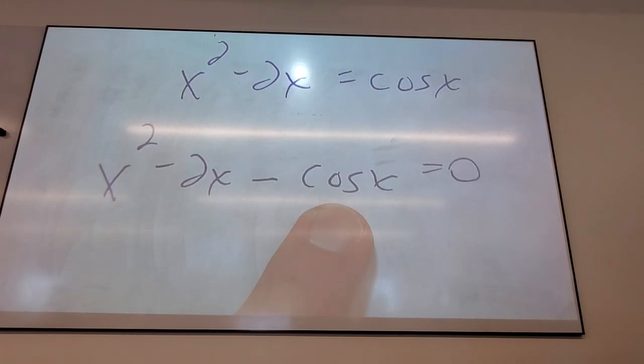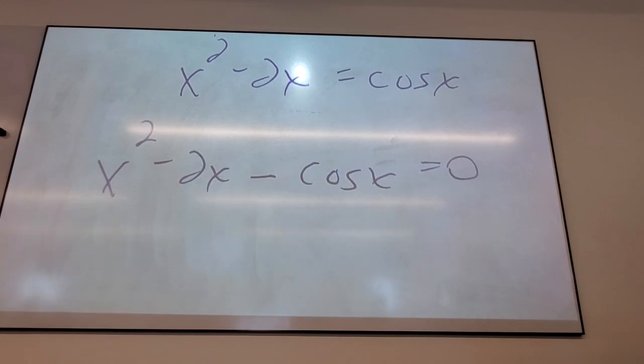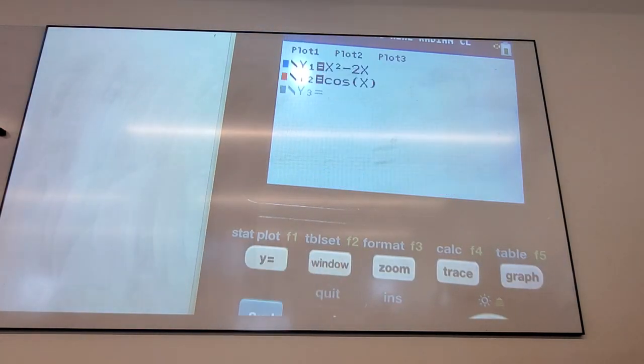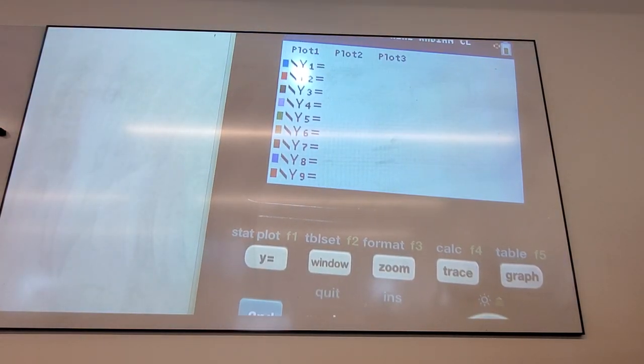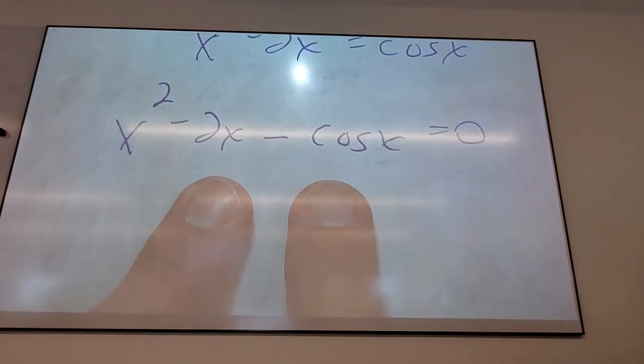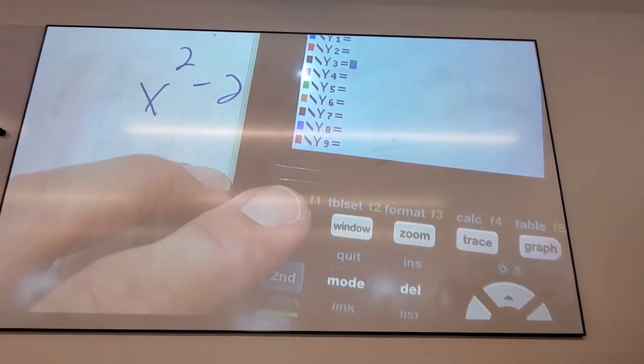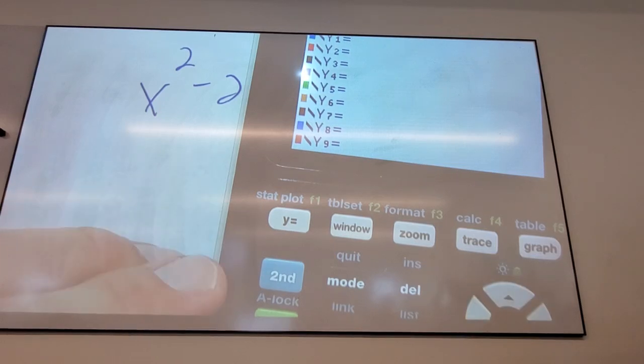This is not a constant. It's some function of x, so it's not quadratic. But this would look very different in the calculator. What I would do now is I would have one function, and what am I trying to make the function do? Equals 0. I'll get the same answer, but in a very different format.